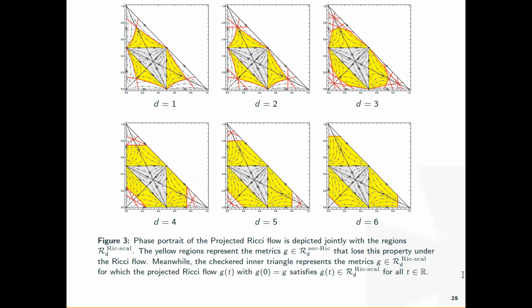So once we have this kind of global portrait for the flow, then we can pretty much answer everything related to this. Different from the first works with Ricardo and Lino, in this work with Douglas as well, we managed to completely determine every possible region of escaping and everything else related to this under the homogeneous Ricci flow.